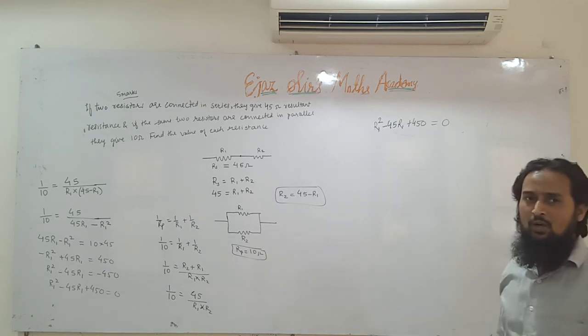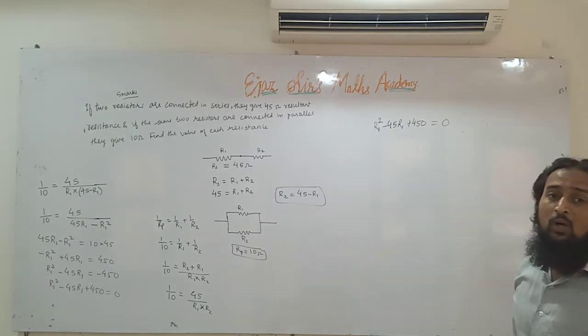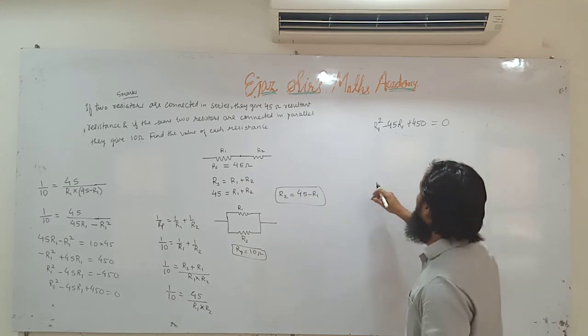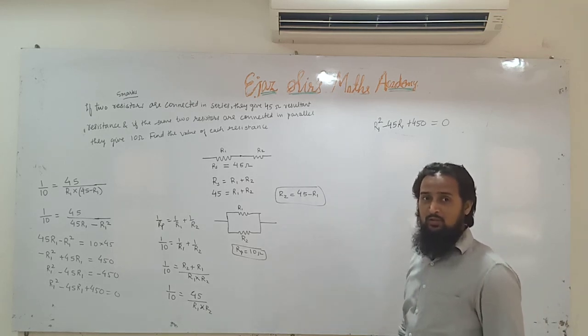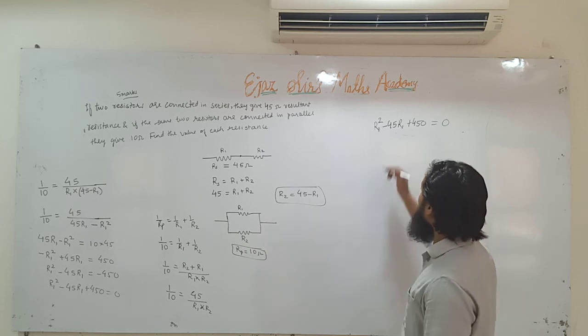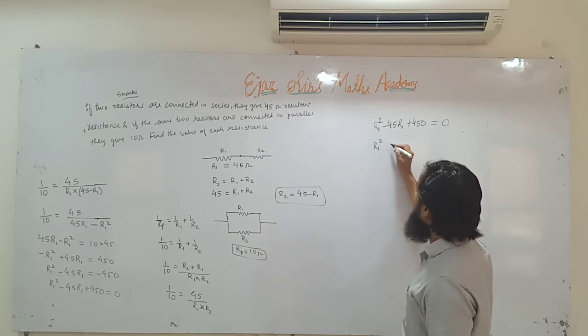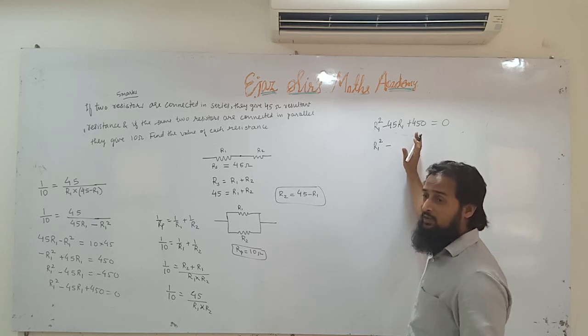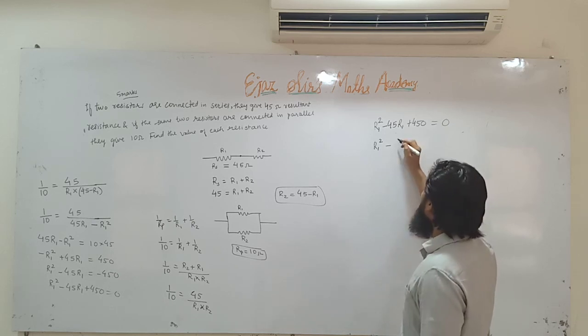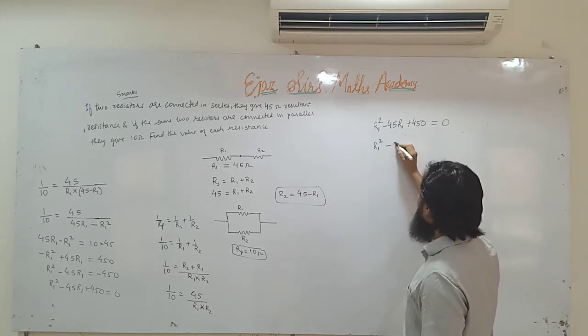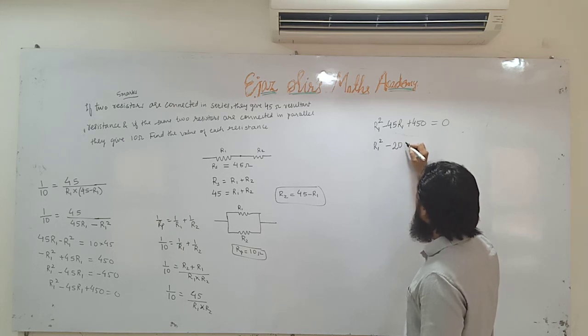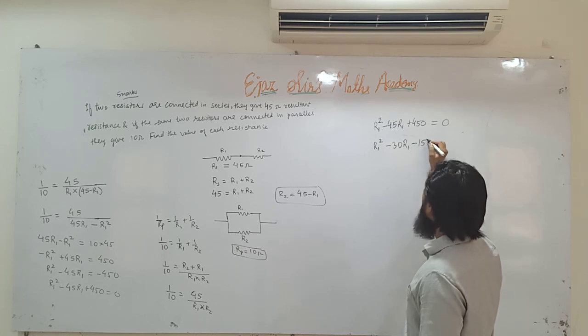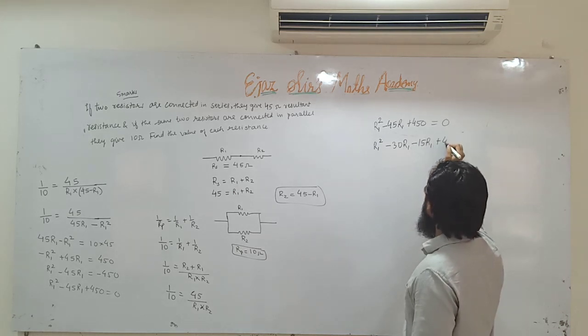I hope that you have solved such questions in mathematics, quadratic equations. It is also called splitting the middle term. So I can write it like this. R1 square minus, I hope you have studied it in mathematics. If not, then just copy down. You will be studying later. Minus 45 R1 can be written as minus 30 R1 minus 15 R1 plus 450.